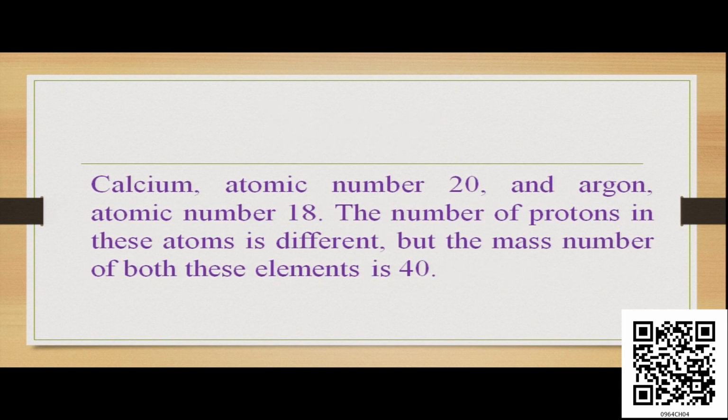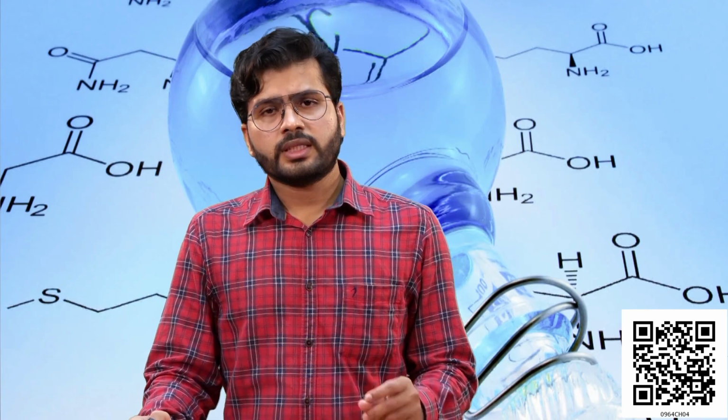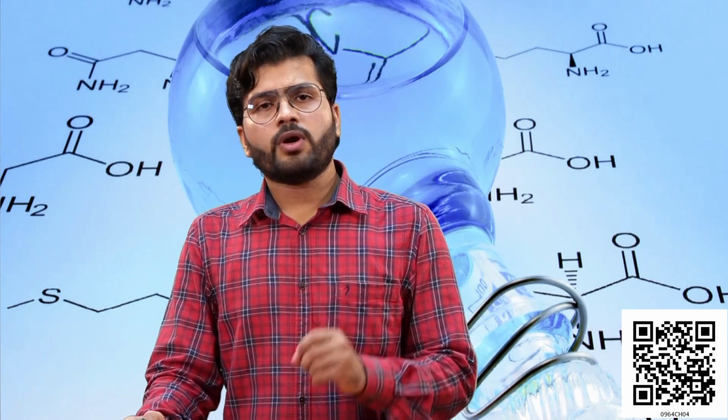As you all know, the atomic number of calcium is 20 and the atomic number of argon is 18. But for both atoms, the mass number is the same, that is 40. That means if you subtract 40 minus 20 in case of calcium, it gives that the number of neutrons is 20.